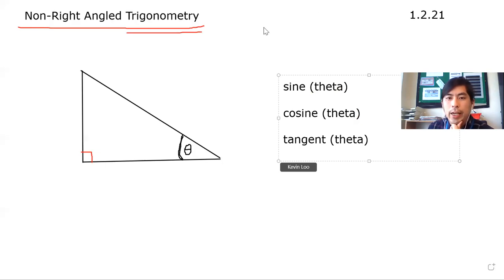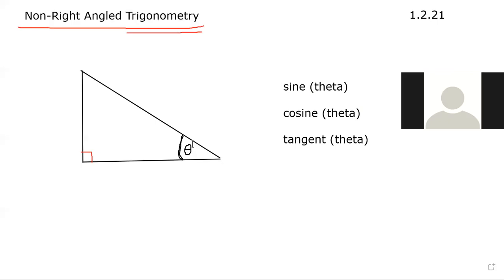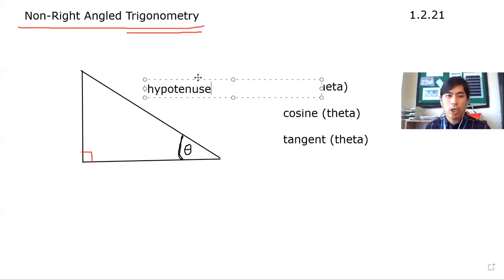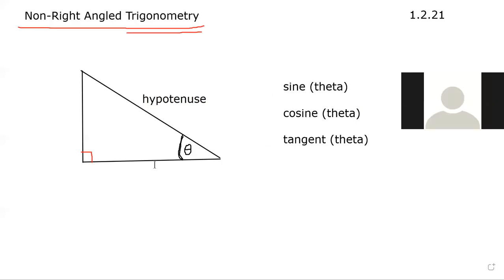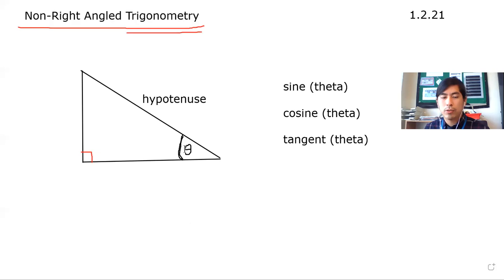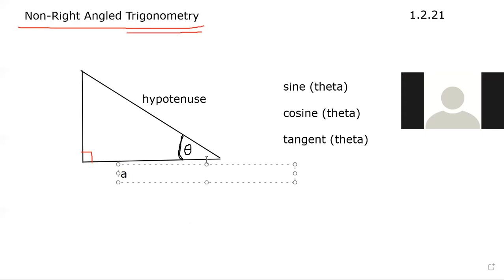All right. And what did we name the three sides in the triangle? If this was hypotenuse, good. So hypotenuse is here. It's always opposite the right angle. And remember, this is next to the angle. So what do we call something that's next to it? Adjacent.